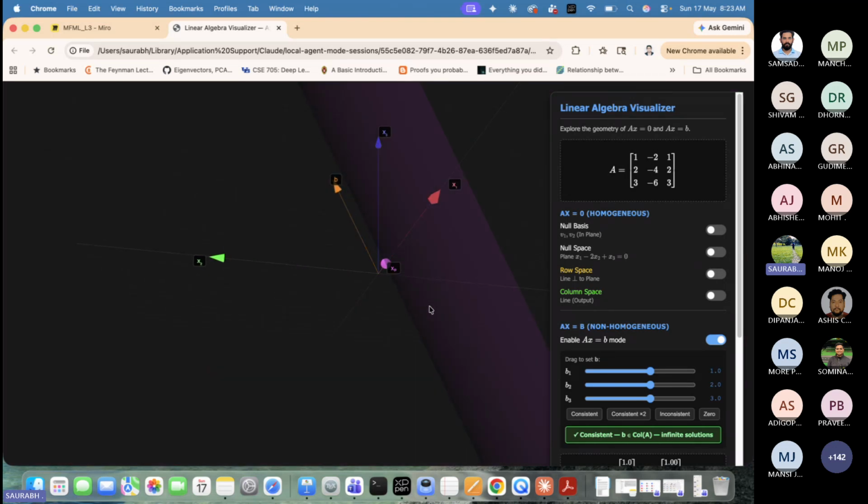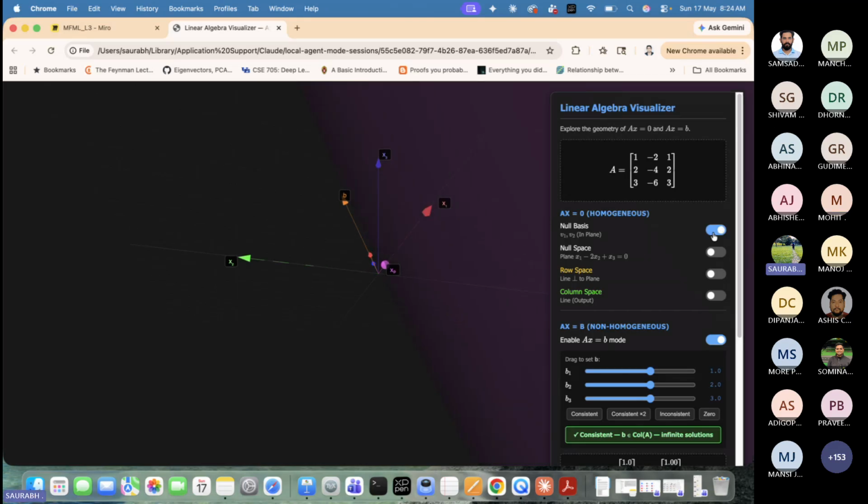But you can also see that the solution space is not passing through the origin. This is the origin. This is actually a part of it, which is called the particular solution, x_p. And yesterday I told you the general solution is the particular solution plus the null space solution.